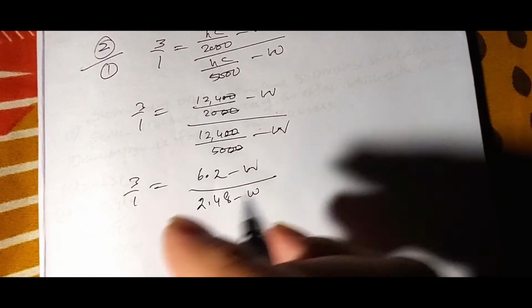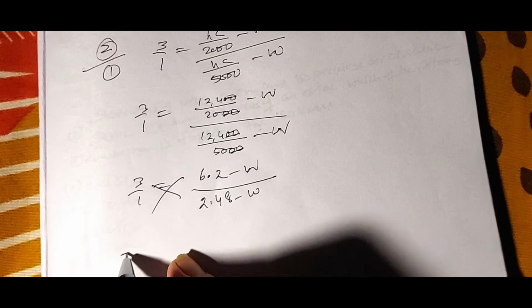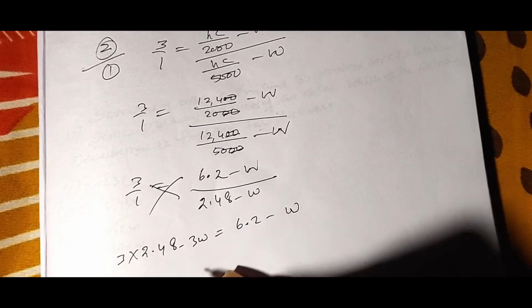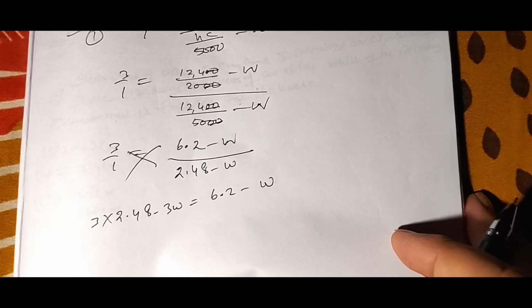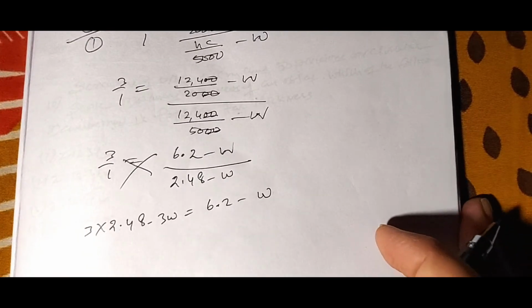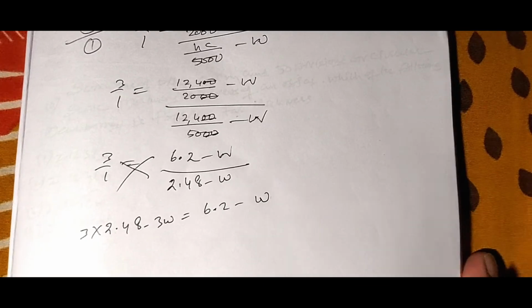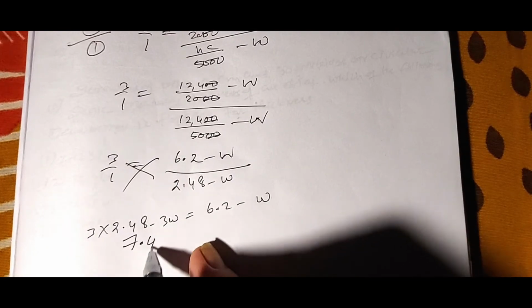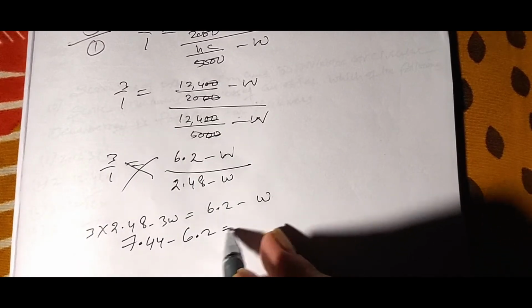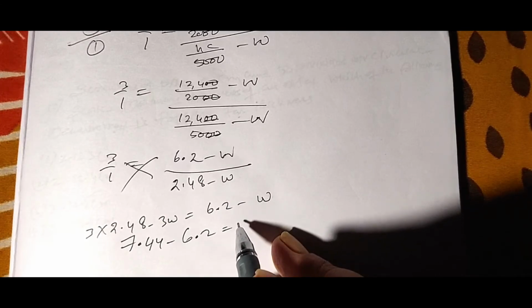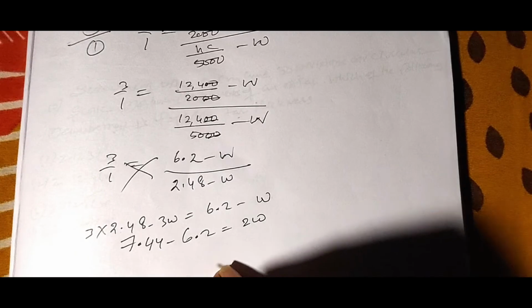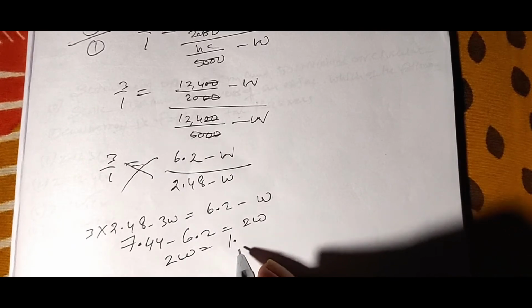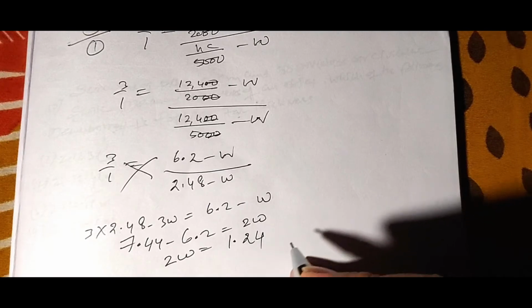Okay, doing cross multiplication. 3 into 2.48 minus 3W is equal to 6.2 minus W. 3 into 2.48 is equal to 7.44. 7.44 minus 6.2 is equal to 3W minus W, that is equal to 2W. So 2W is equal to 1.24.